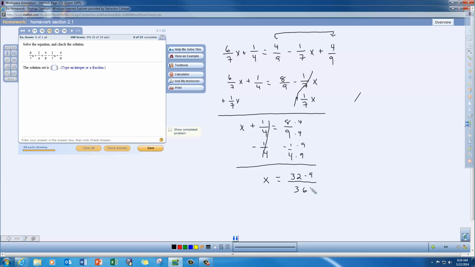And then we're just going to subtract the numerator part, and we'll get x to equal 23 over 36. We see that this will not reduce any further. That's our solution. Once again, make sure you check your work. And this concludes 2.1.